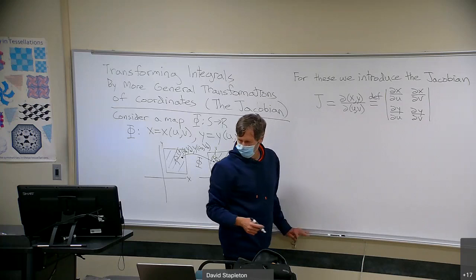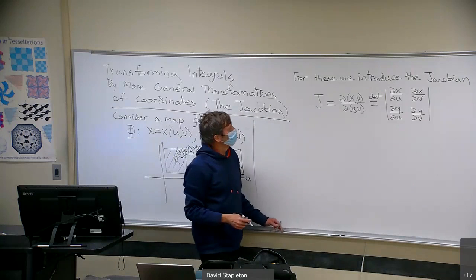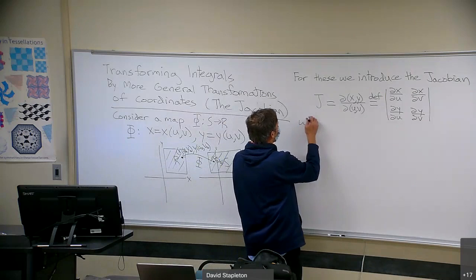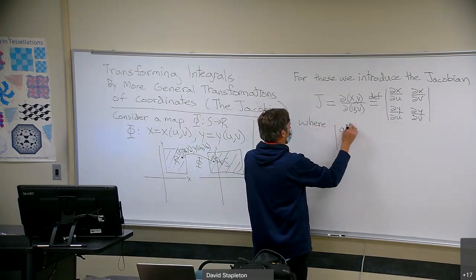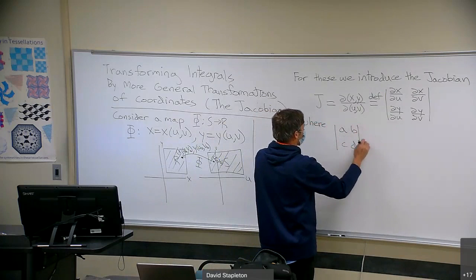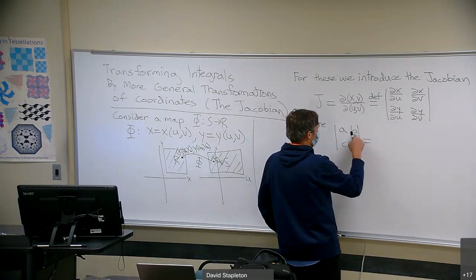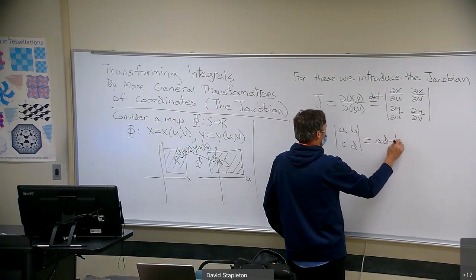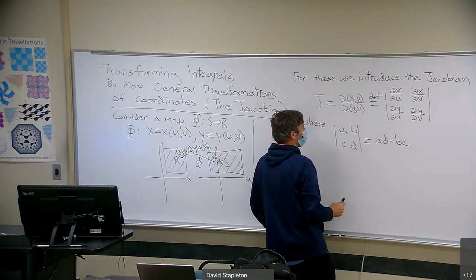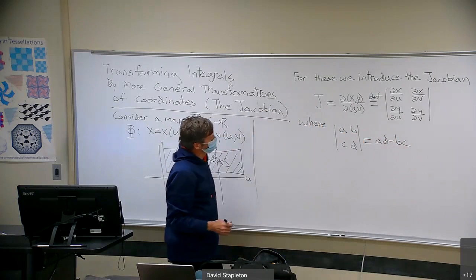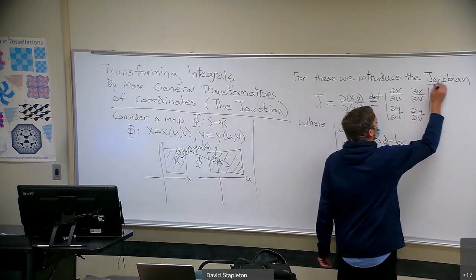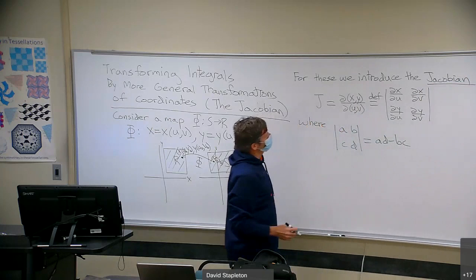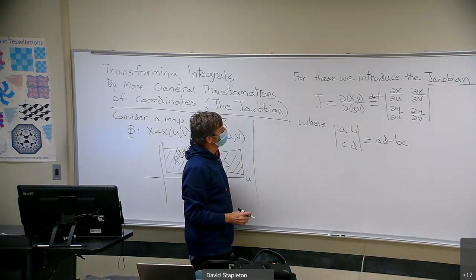And I don't know if everybody's seen a lot of determinants before, so I'll just remind you where the determinant of four numbers A, B, C, D is defined to be the number A times D minus B times C. So that's the determinant. It's a linear algebra concept that we need here also. And the Jacobian is going to tell us exactly how to transform integrals.